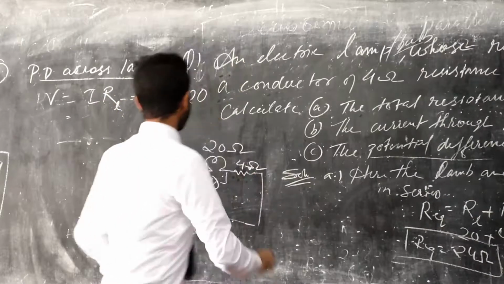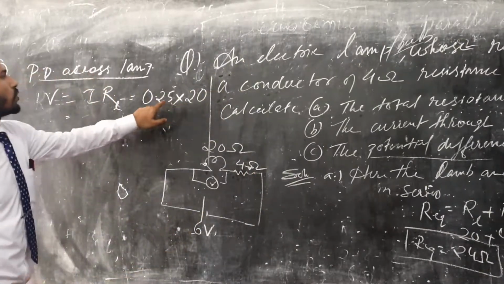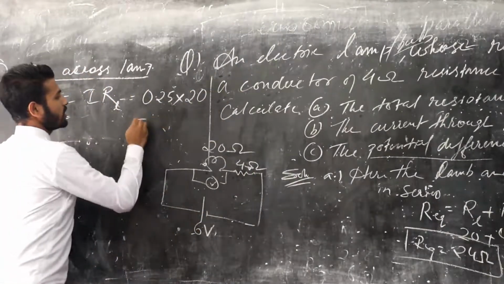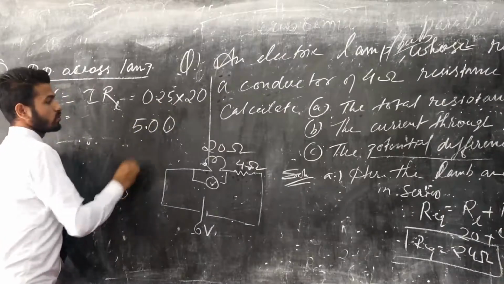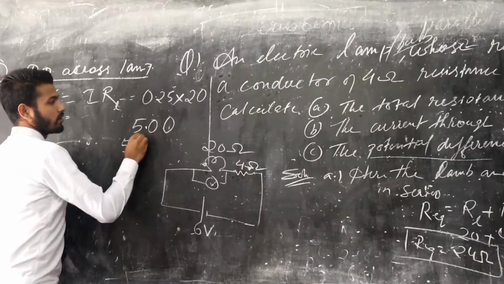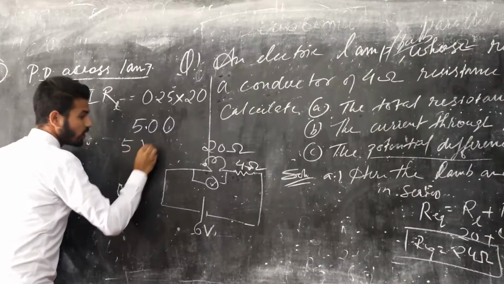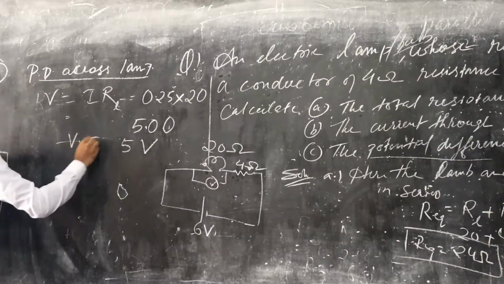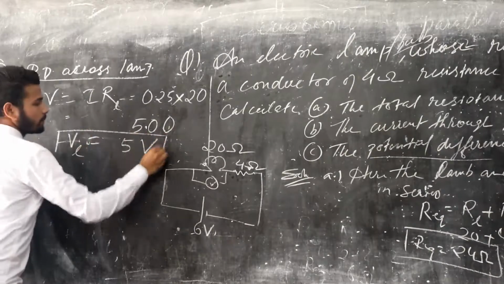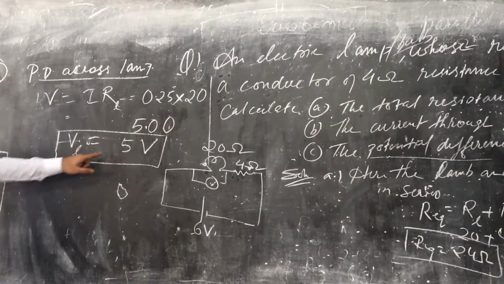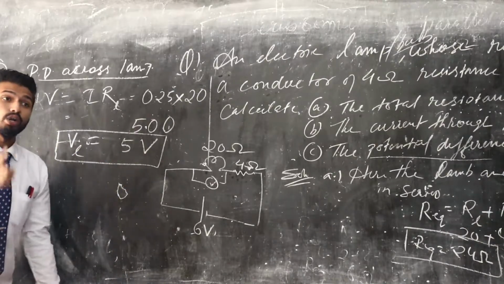So 0.25 times 20 gives 5 volt. That means the voltage across the lamp, the potential difference across the lamp, is 5 volt.